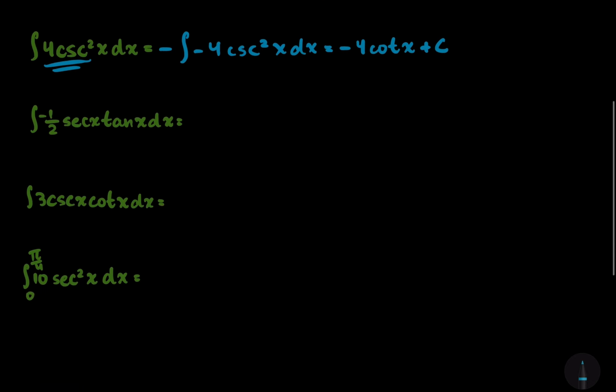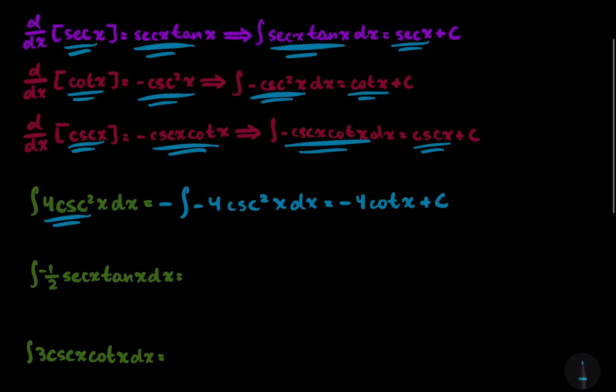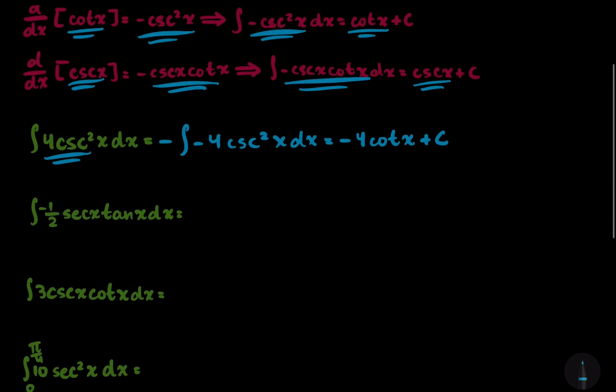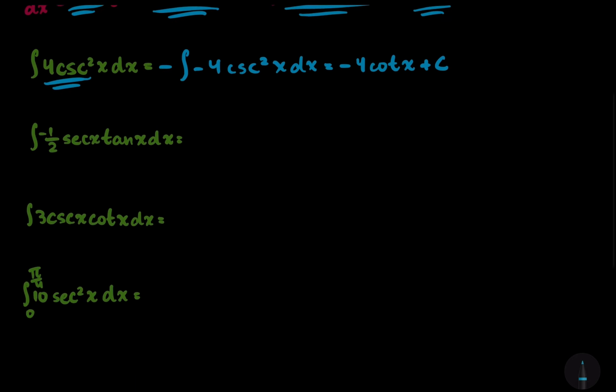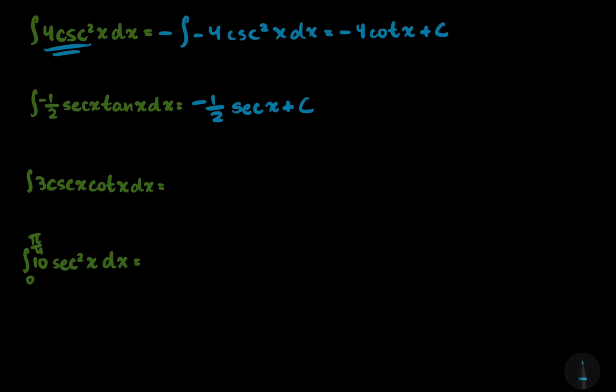Next up we have -1/2 secant of x tangent of x. Again, the derivative of secant of x is equal to secant of x tangent of x, and hence when we take this integral we can take the -1/2 out, and we obtain -1/2 secant of x plus c. We need the constant of integration because this is an indefinite integral. Then we have the indefinite integral of 3 cosecant x cotangent x.